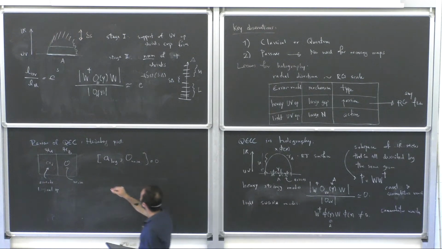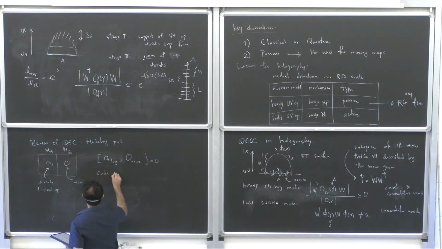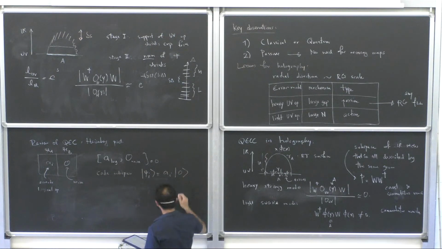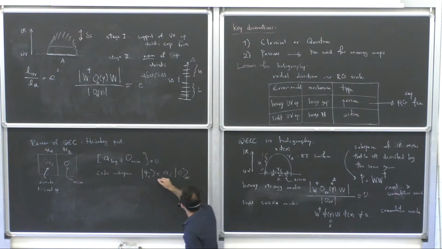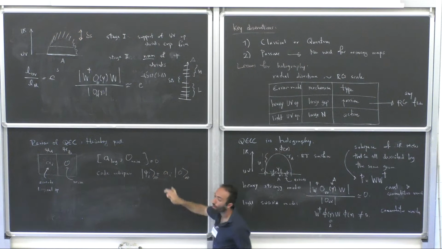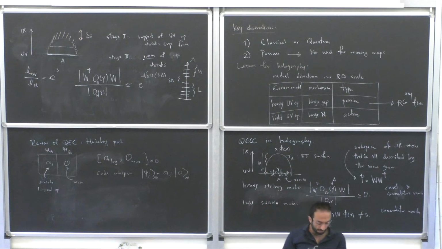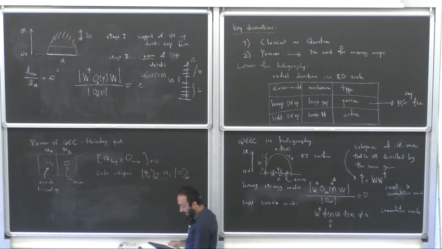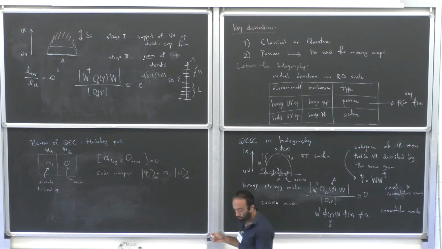Your code subspace, a concept in the Schrodinger picture, is basically the code states you get by acting with logical operators on some base state. So this is the basic picture.